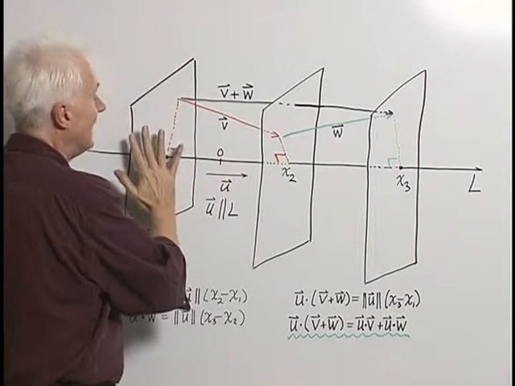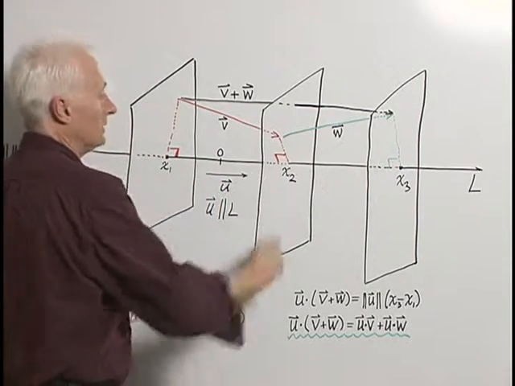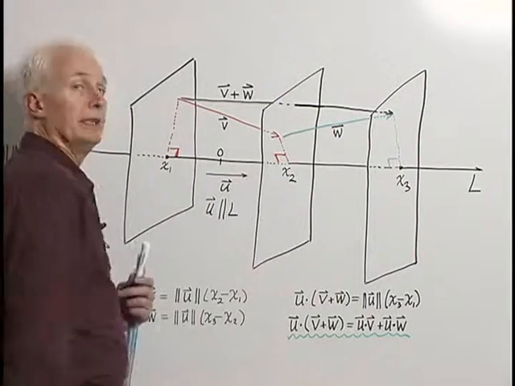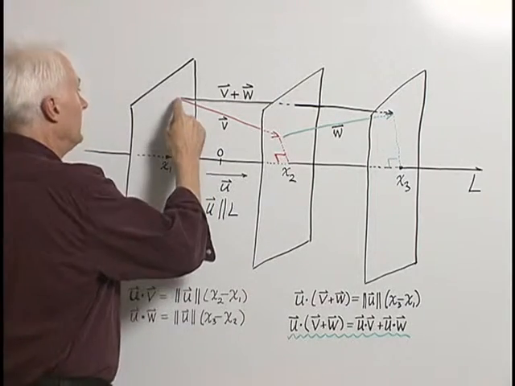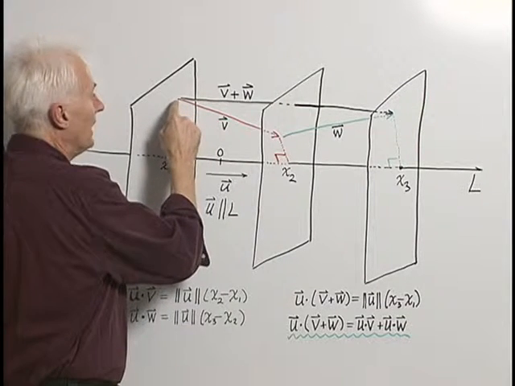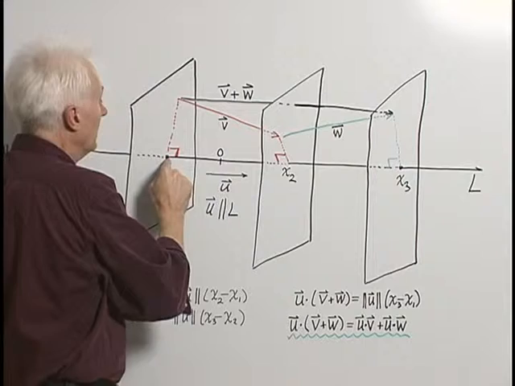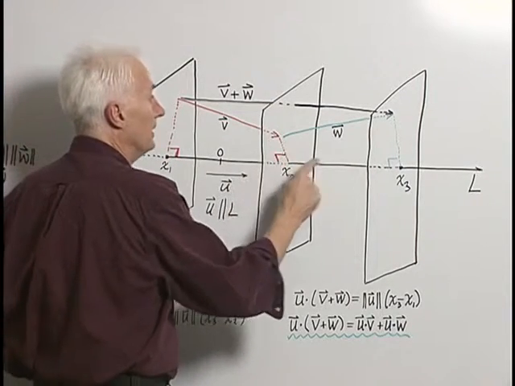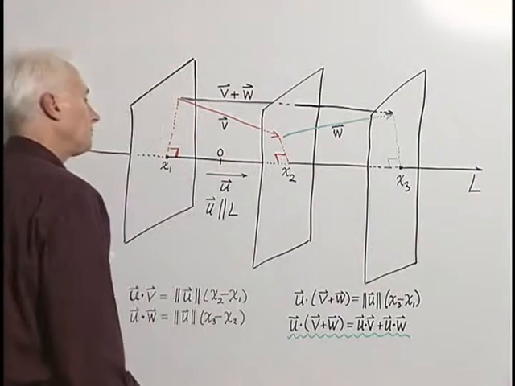In other words, the whole plane here is perpendicular to line L, and consequently any line in that plane is perpendicular to line L. So connect the tail of V and V plus W to the point where the line intersects the plane. Likewise here and here.